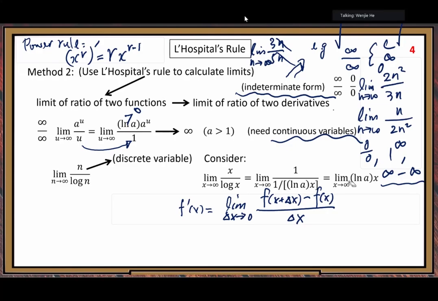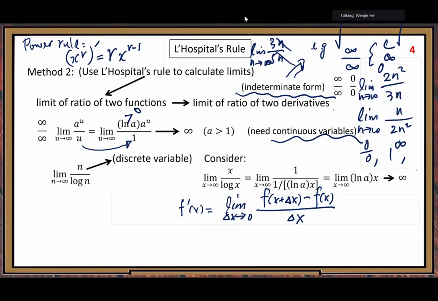Then when x goes to infinity, this is a positive constant, so it goes to infinity. So we can show that for the continuous version, we can apply L'Hopital's rule, and we get infinity.